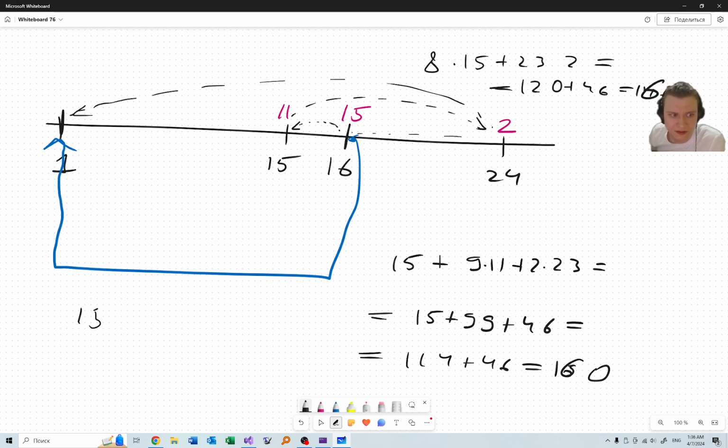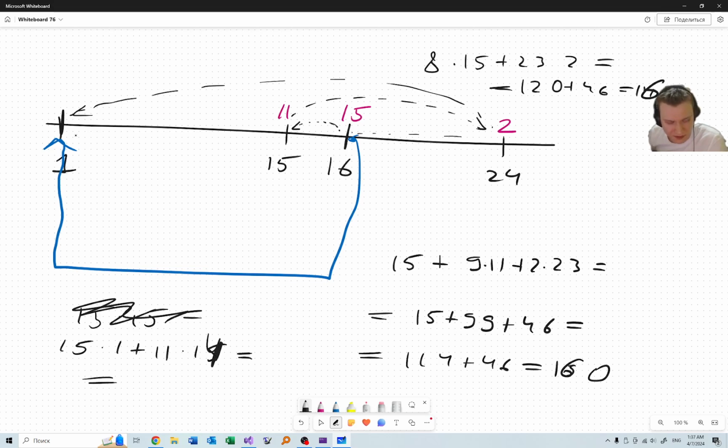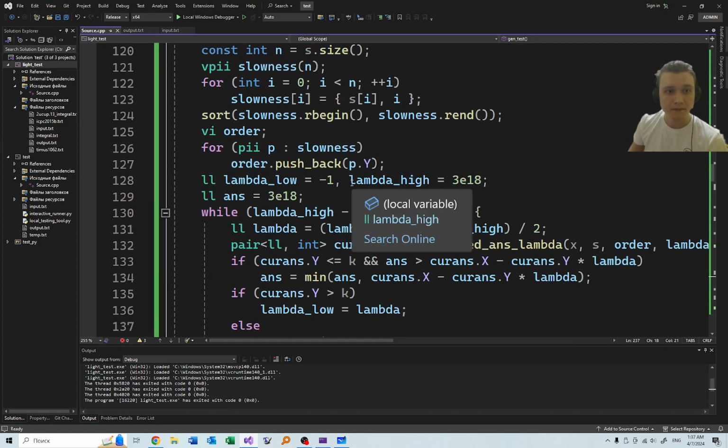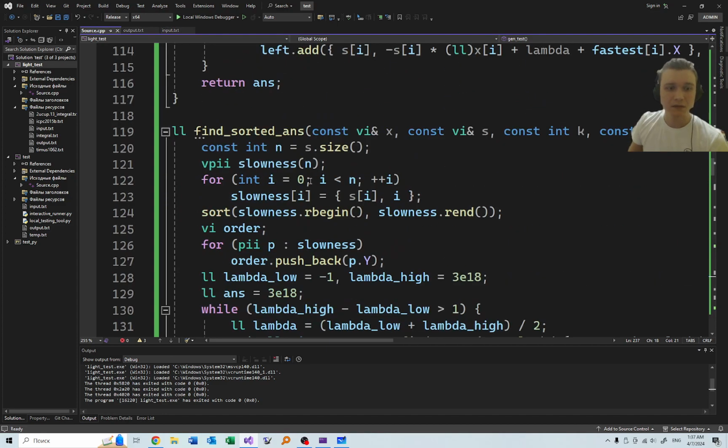It says directly, so maybe it's 15 times 1 plus 11 times 15, 11 times 14, which equals 154 plus 15 equals 169. So for some reason, it is trying to send it directly. Let's see.